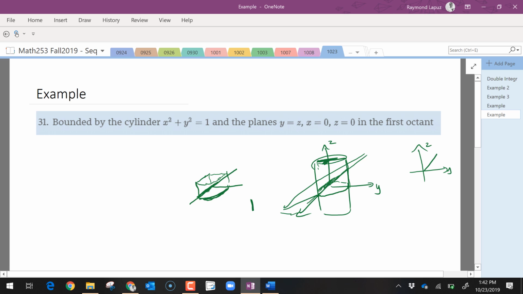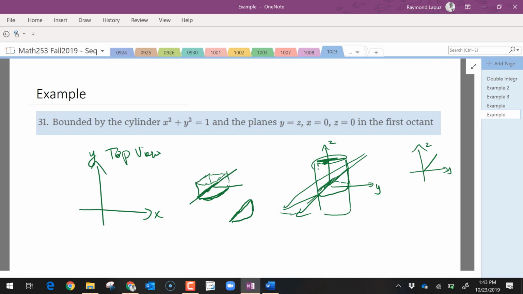So what you would have left would be like a wedge part. Let's look at it from the top. Because I'm probably going to be interested in looking at this in terms of x and y to figure out my domain. What's my domain going to be?